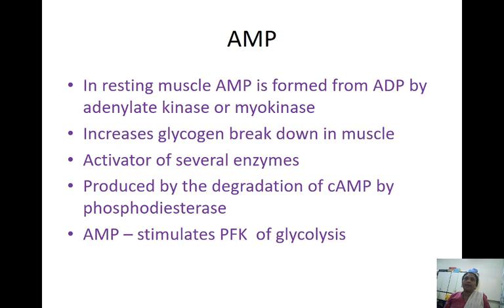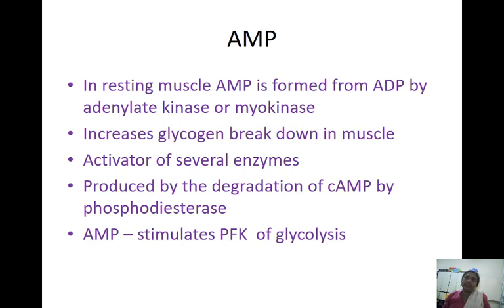Then coming to AMP. AMP is adenosine monophosphate. ATP is hydrolyzed to ADP, and ADP on further hydrolysis forms AMP. Not only that, it is also produced by the degradation of cyclic AMP by phosphodiesterase.